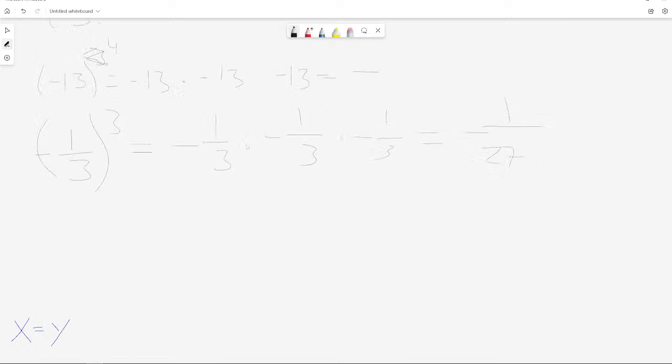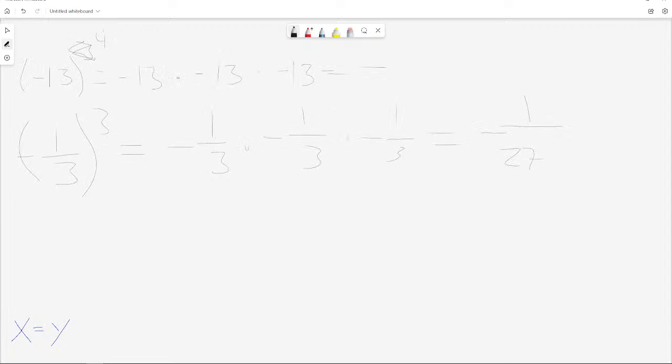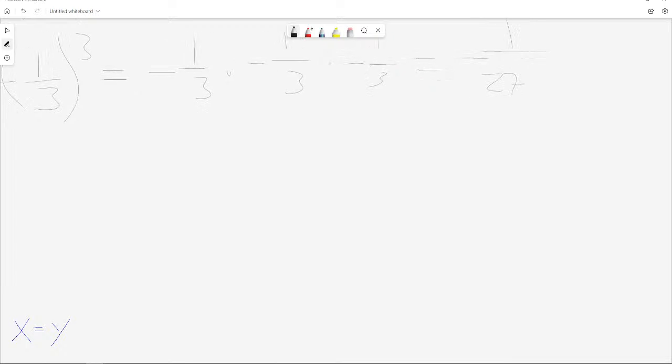Let's do a couple more and then we'll move on to square roots. What if we had negative 10 to the 4th? Well, remember, 10 is the base here. So we can basically write negative 1 times 10 times 10 times 10 times 10.